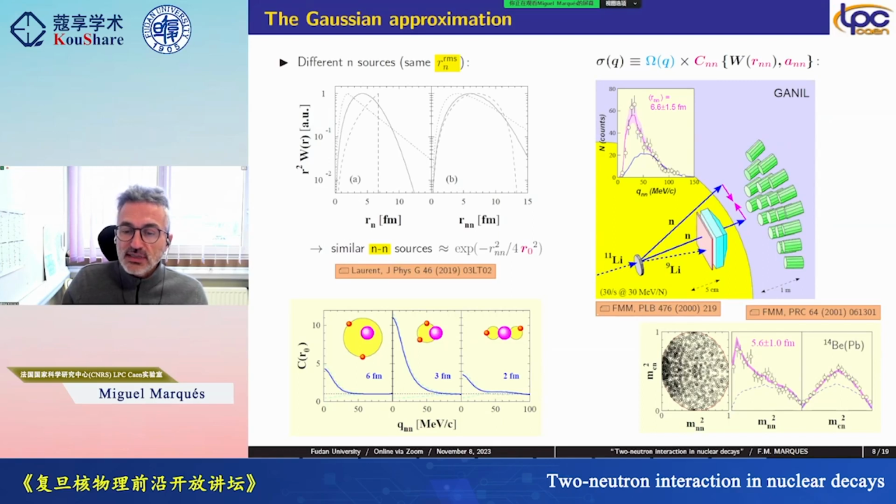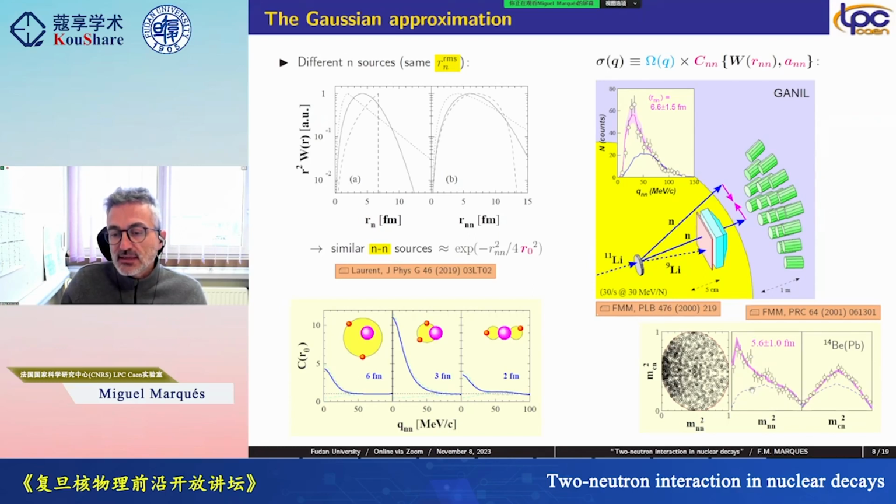Here you have another take on this with a Dalitz plot. So here you have neutron-neutron relative energy and core-neutron relative energy for beryllium-14. This is a Dalitz plot that should be flat if there are no correlations, and you see the neutron-neutron signal here. When you project on the neutron-neutron and the core-neutron axis, specifically in the neutron-neutron one, you see here the phase space.